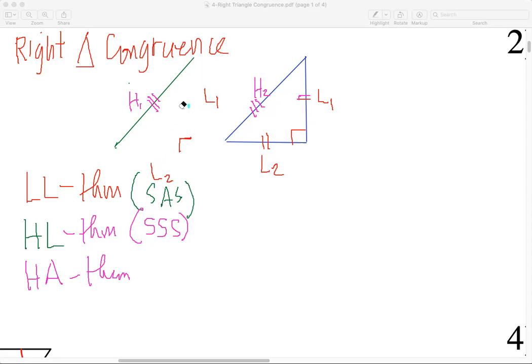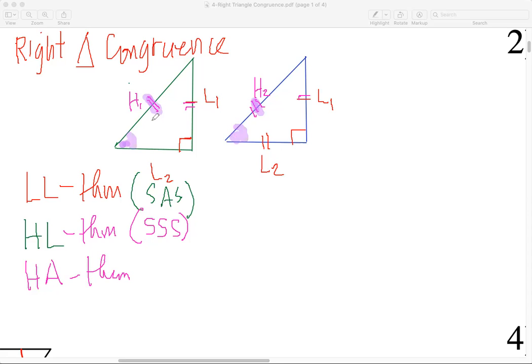So let's say we will be using this hypotenuse. Let's try using this one. This hypotenuse and the acute angle here, and the hypotenuse and another angle here.